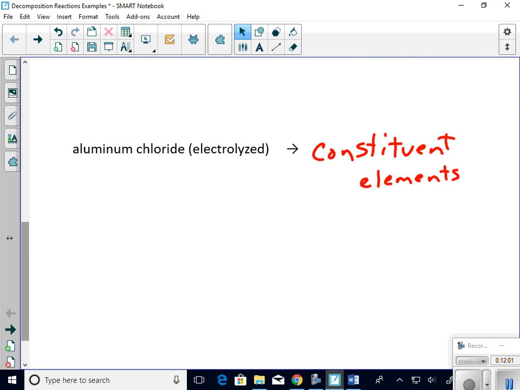So that means it just breaks down into its 2 elements. So what is my formula for aluminum chloride? What is aluminum's charge? 3 plus. What's chlorine's charge?